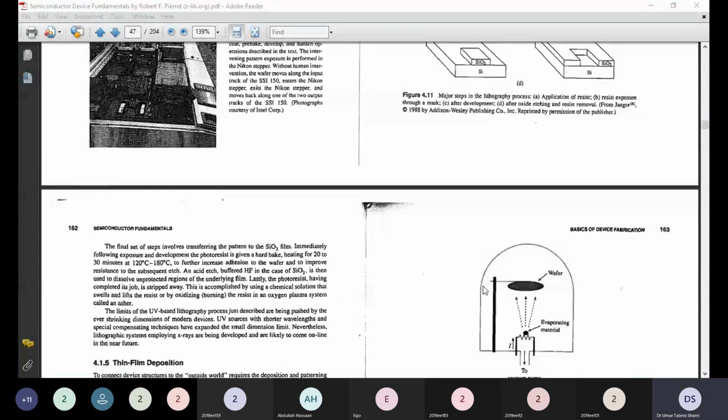Ultraviolet sources with shorter wavelength and special compensating techniques have expanded the small dimension limit. Nevertheless, lithographic systems employing X-rays are being developed and are likely to come online in the near future.